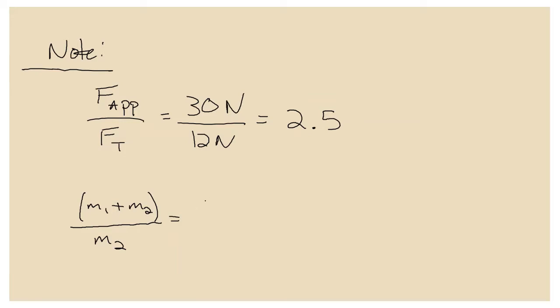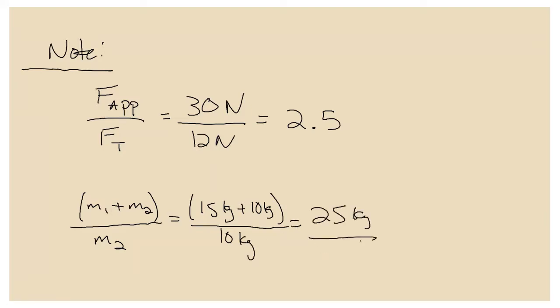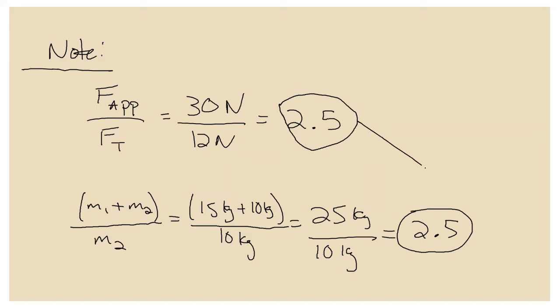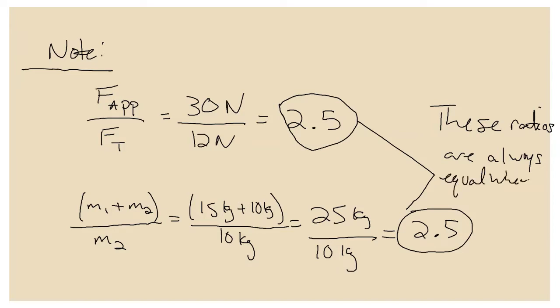And if we take m1 plus m2, which is 15 kilograms plus 10 kilograms, and then we just take m2, which is 10 kilograms, that gives us 25 kilograms over 10 kilograms, which is also 2.5. These ratios are equal. And so we'll write here, these ratios are always equal when there's no friction.